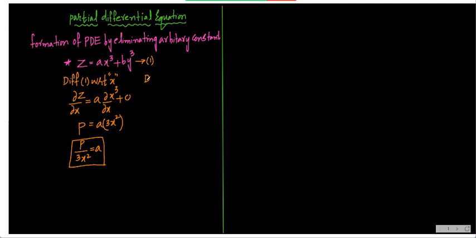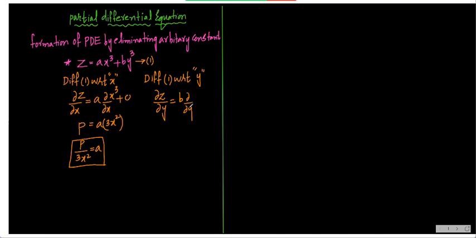Now differentiate equation number 1 with respect to y. Tell me the answer. Dou z by dou y is equal to b into 3y square, the 0 plus 0 there is no need to write.